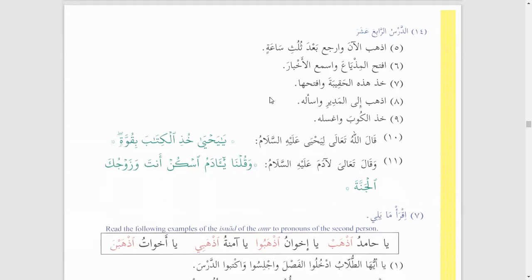اذهب إلى المدير واسأله. Now we see here, we have Hamza over here. That means this is Hamzatul Qati' and it has to be pronounced. Normally the Arabs, in the text, will not put Fatha or Dhamma over there. So we should know from the context whether we should put Dhamma or Kasra.